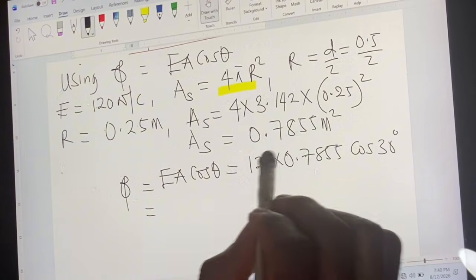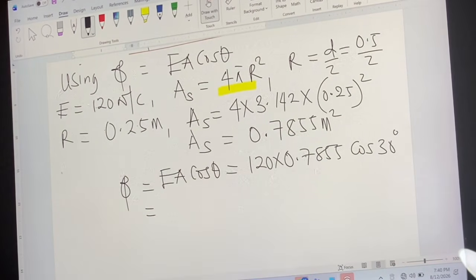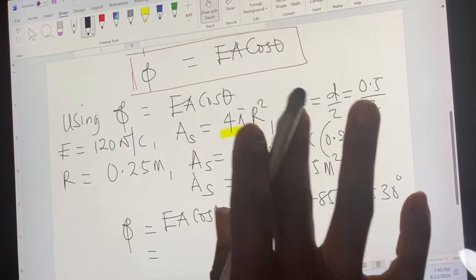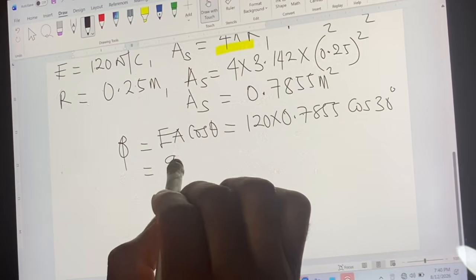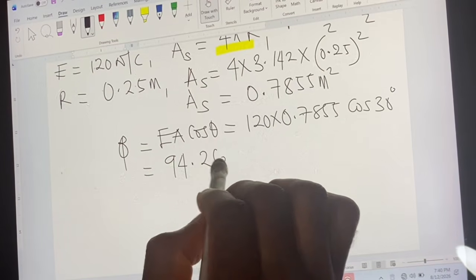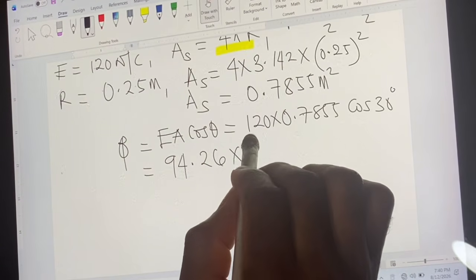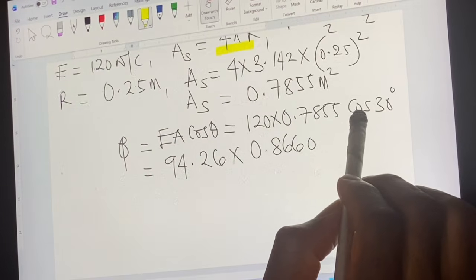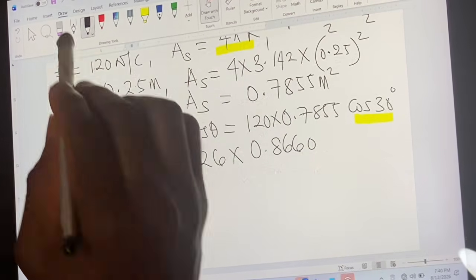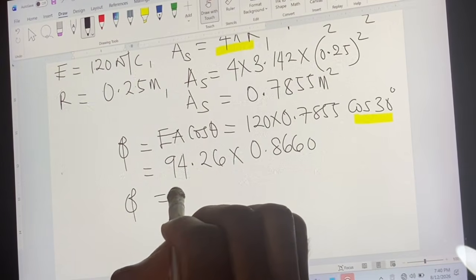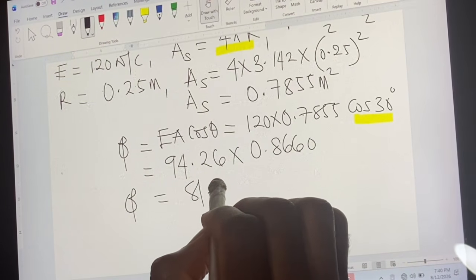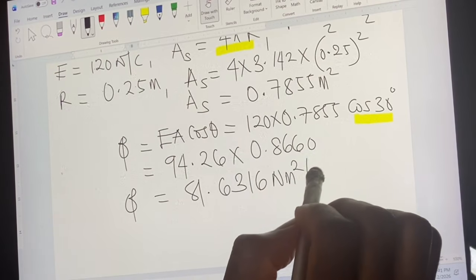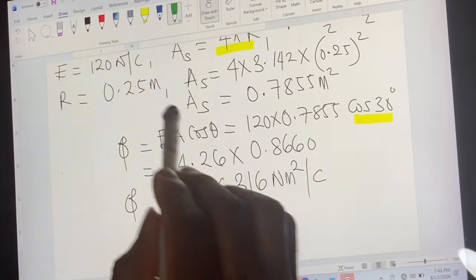So this will be equal to 120 times 0.7855, which gives us 94.26, times 0.8660. When you punch cos 30, we have this. So our final answer here will be equal to 81.6316 Newton meter squared per coulomb. So this is our answer here.